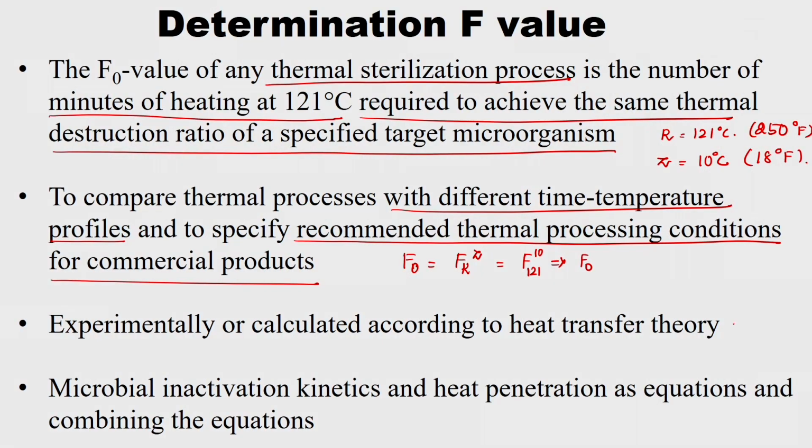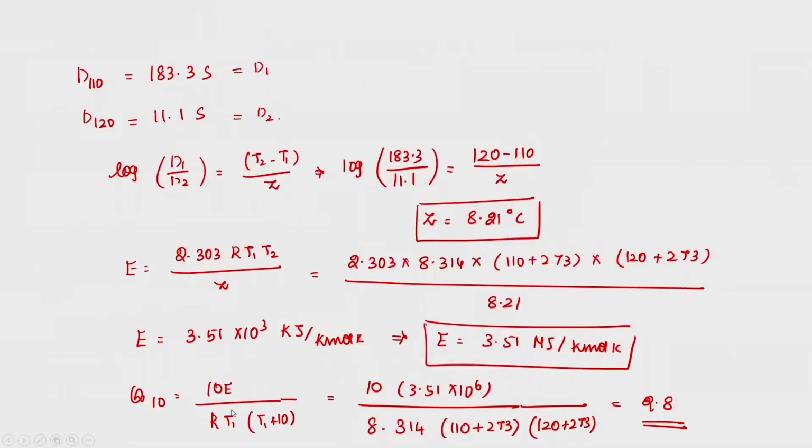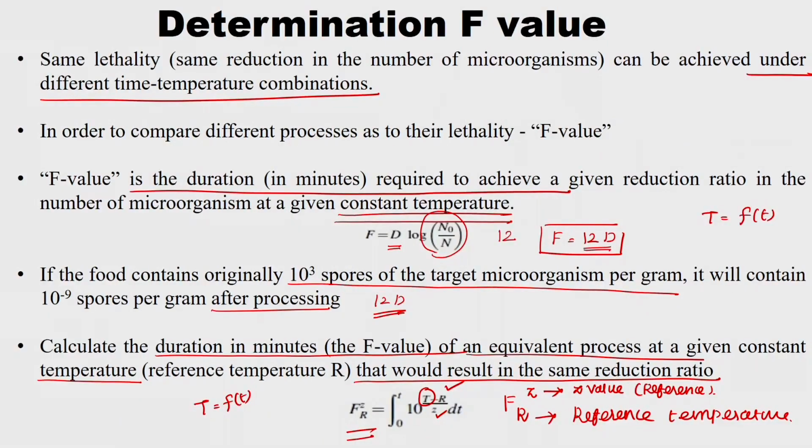And there are two methods used. One is I calculate the F value experimentally, or I can calculate it based on heat transfer theory. Heat transfer theory in the sense, for example, if you go here, this R is nothing but a reference value, and this T is a function of time, right. If you remember, the simple heat transfer process would be a 1D heat conduction process. This is nothing but dou T upon dou t equals alpha dou square T upon dou x square, where x is this direction.